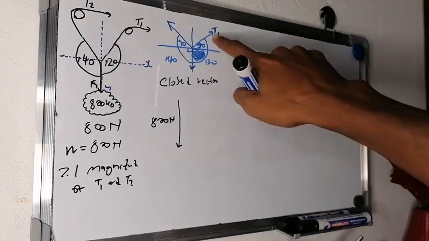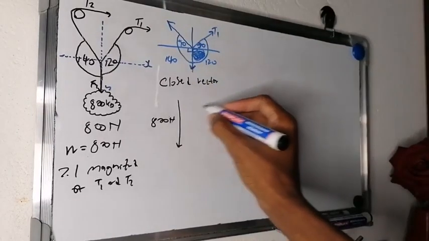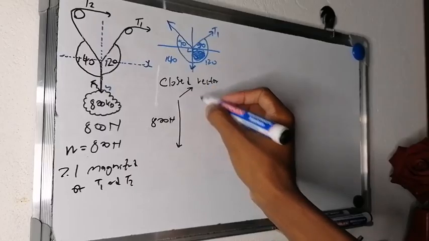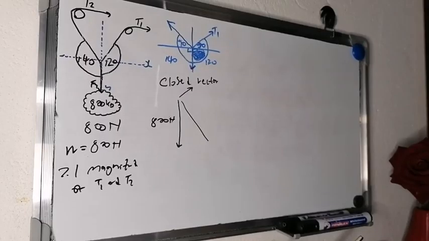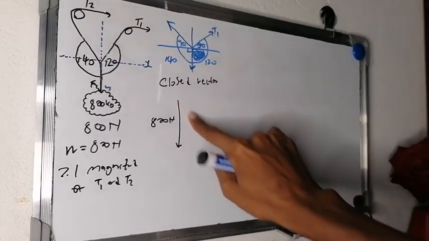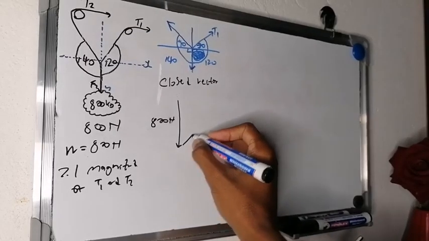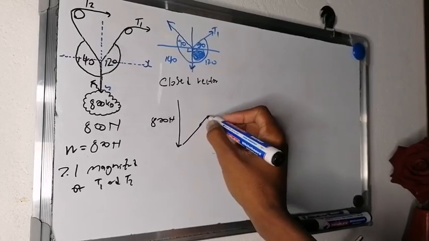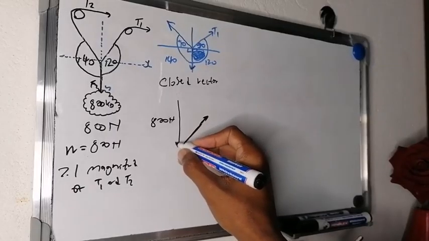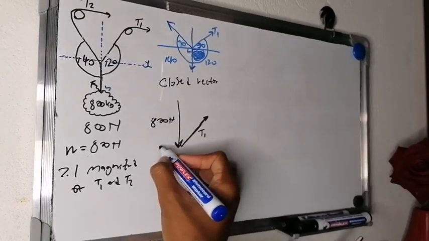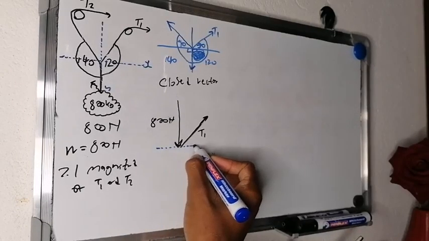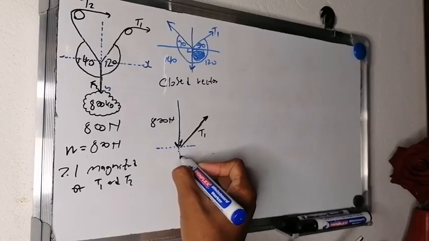What do we see? We see this one. If you draw a line like that, and then this one, and put it here, you are not going to have a closed vector. So we're going to take tension 1 and put it here, because you need tail to tail. Listen carefully, you are always creating a Cartesian plane.